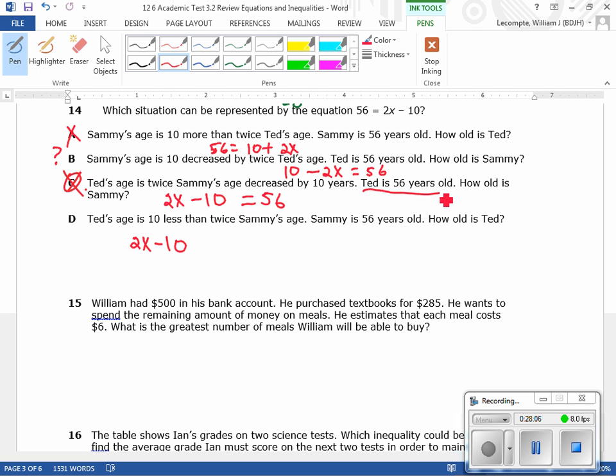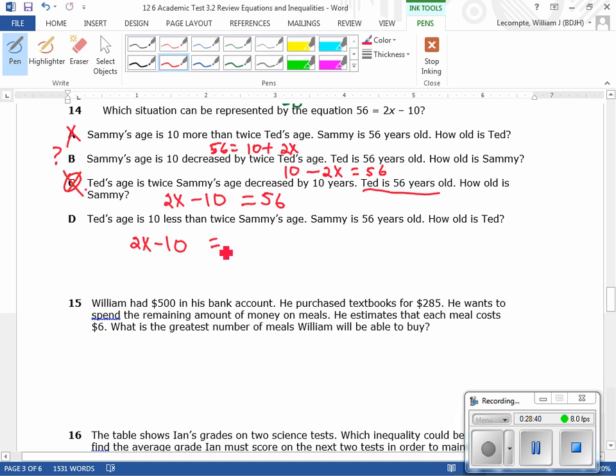So I think that's all on one side. So that's actually an increase on the other side. But if you write D, Ted's age is 10 less than twice Sammy's age. So 2x minus 10 is equal to, and Sammy is 56 years old. So I'm going to go with D for now.